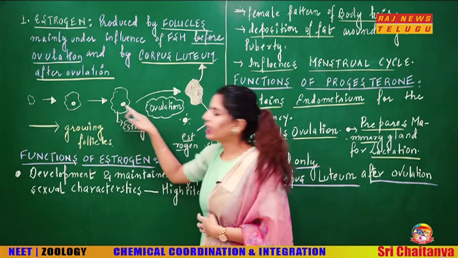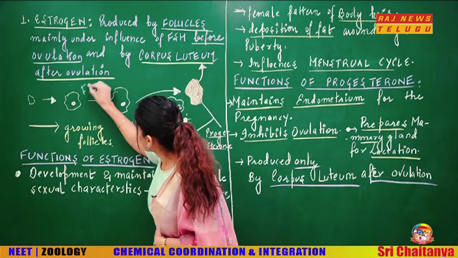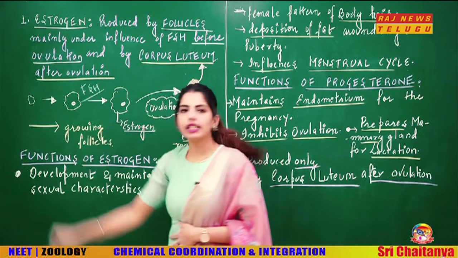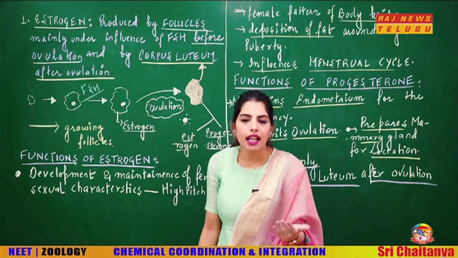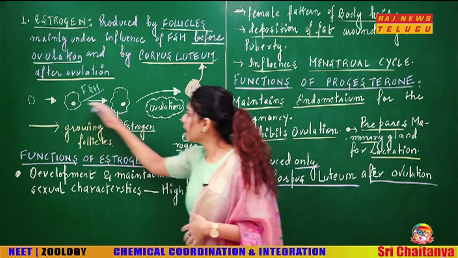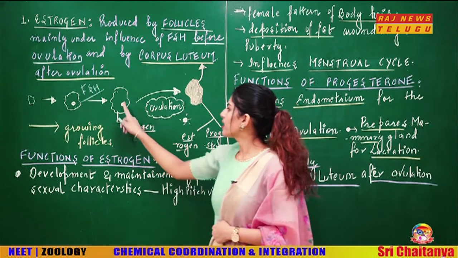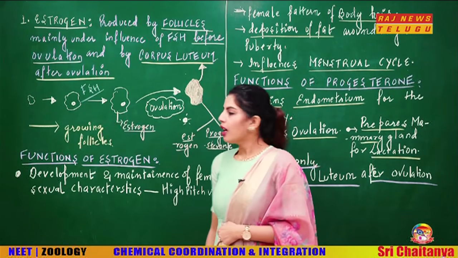Now these follicles mainly grow by the hormone of the pituitary, which is FSH, that you already know. Follicle stimulating hormone. The name itself is follicle stimulating. So all the follicles are growing under the influence of follicle stimulating hormone, having the oocyte. What is happening?